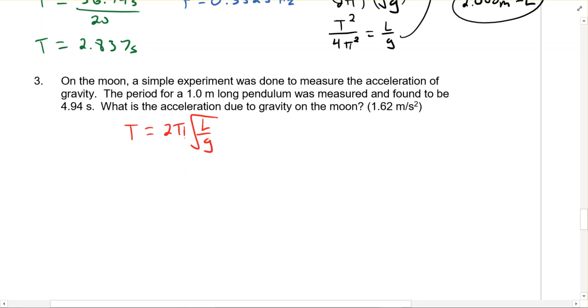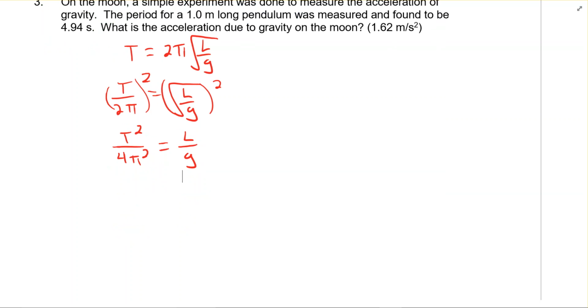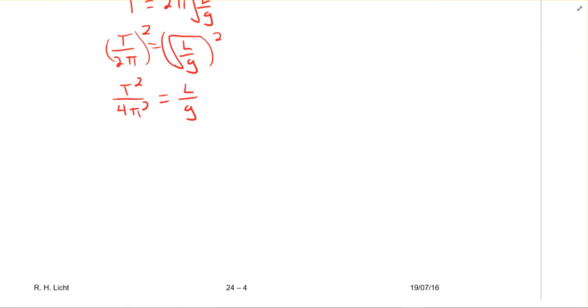So I'm going to divide both sides by 2 pi. So I'm going to have T over 2 pi is equal to square root of L over G. I'm going to square both sides. I've got T squared over 4 pi squared is equal to L over G. And then if you rearrange this just by moving things diagonally, I end up with G is equal to L times 4 pi squared over T squared.